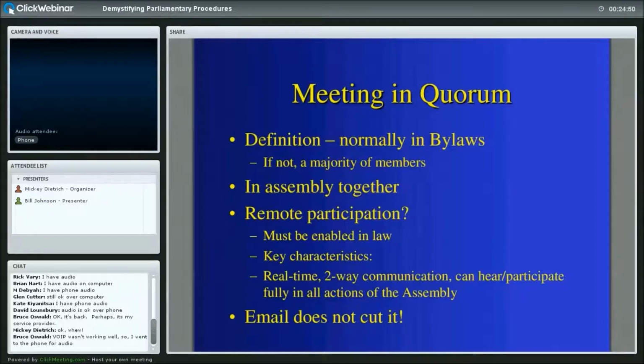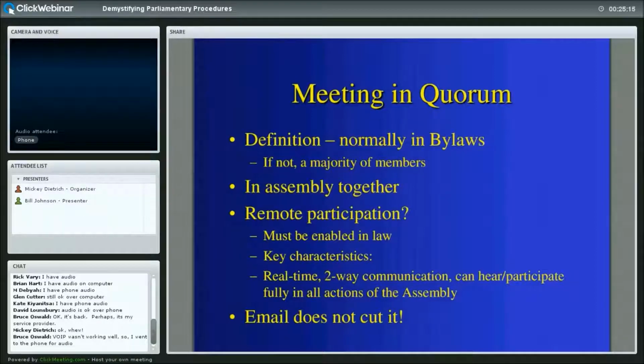And for the GIS Association, for example, I don't even know off the top of my head what the quorum is. But you need to have a quorum before you can begin conducting a Robert's Rules meeting. If the quorum isn't defined in the bylaws, it is by definition in Robert's a majority of members.